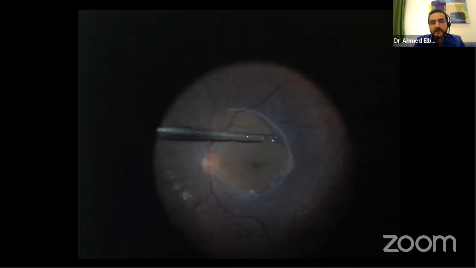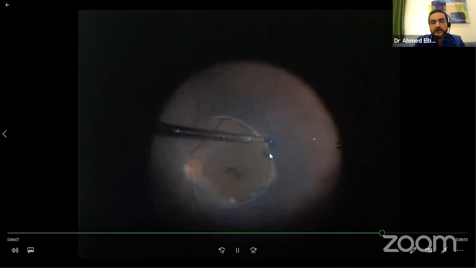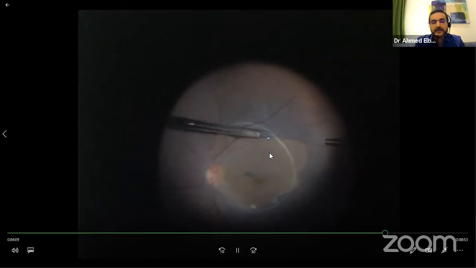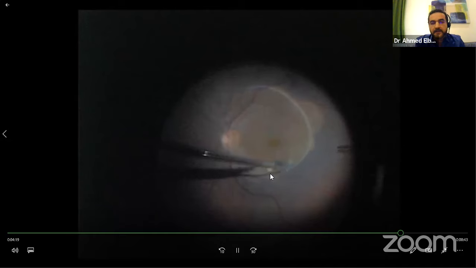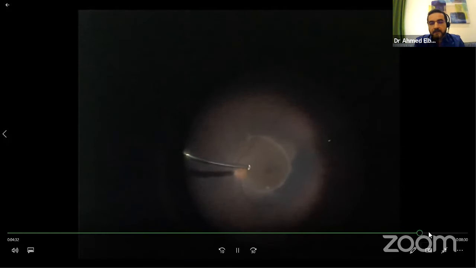But there is some remnant here, and you can see what we call the double macular ring sign, which is typical in Terson syndrome. I completed the ILM peeling outside the arcades. Actually, there is no need to do that, but once you are inside, you complete the vitrectomy peripherally and the air-fluid exchange, and I left the eye on air.